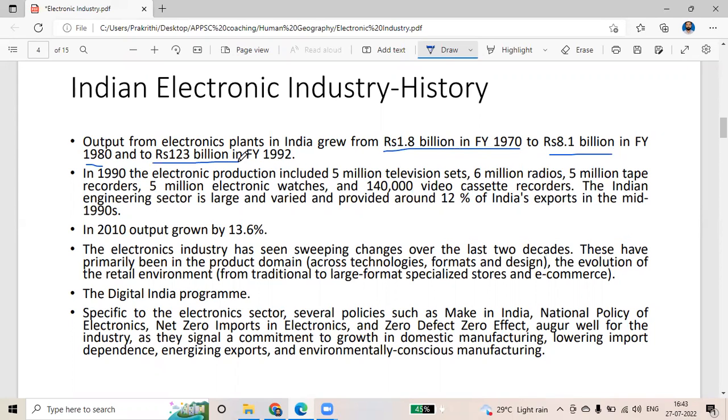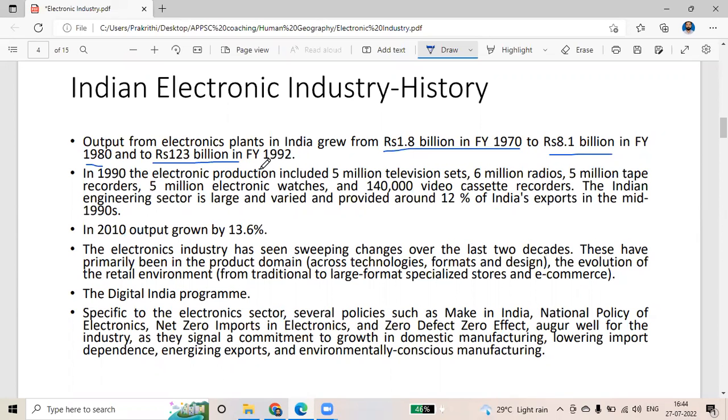So see the changes within 20 years. 1970 में 1.8 billion था, and during the 1980s it became 8.1 billion. But due to the liberalized policies of the government, the electronic industries have moved to a great height. It reached 123 billion in 1992.